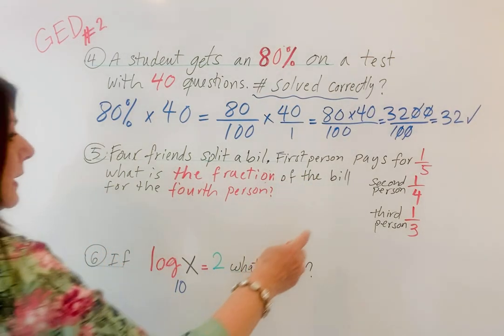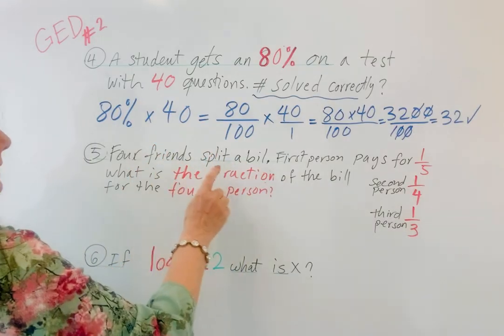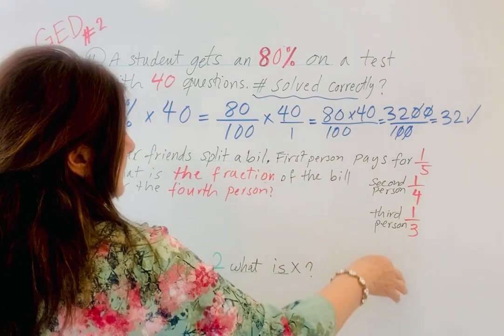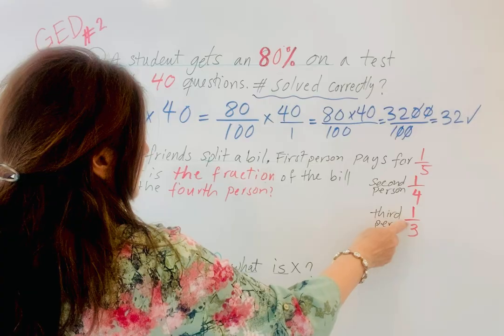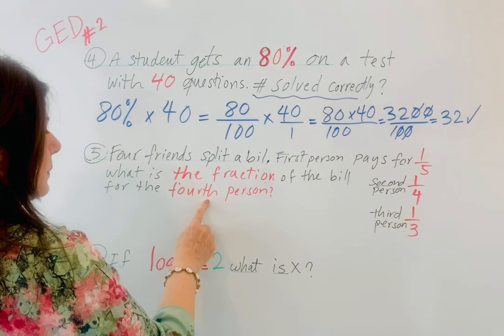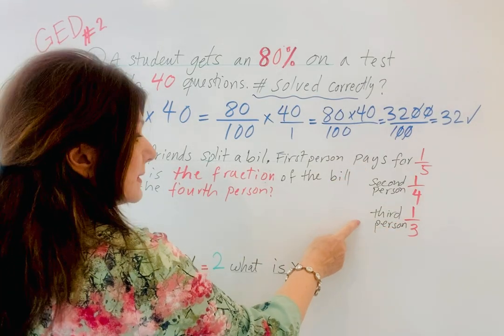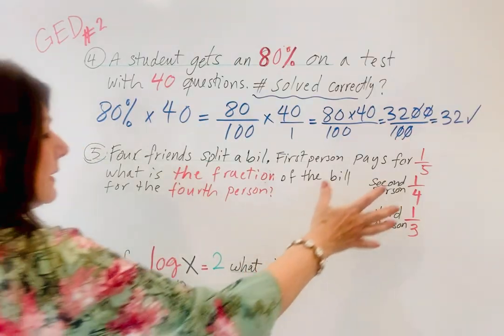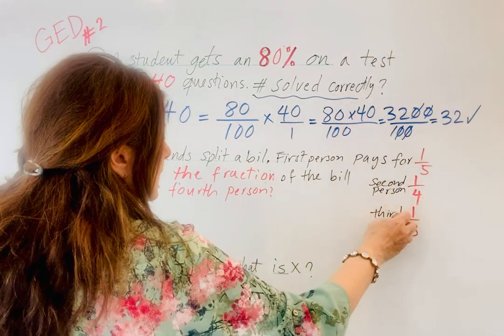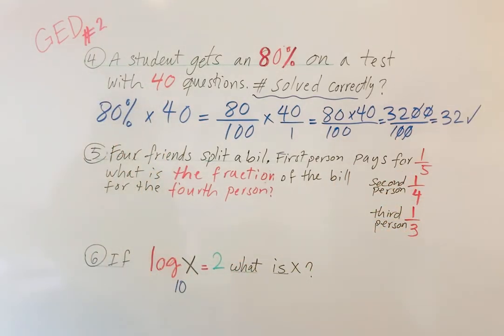The bill is divided into 4 pieces: this one, this one, this one, and the fourth one. But how much is this going to be? If we find the sum of these three and subtract it from everything, we get the fraction of the fourth person.